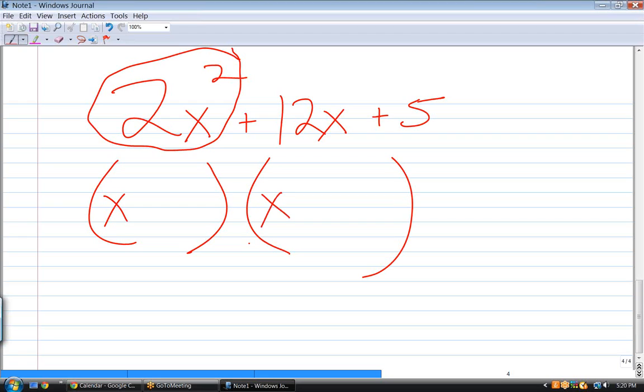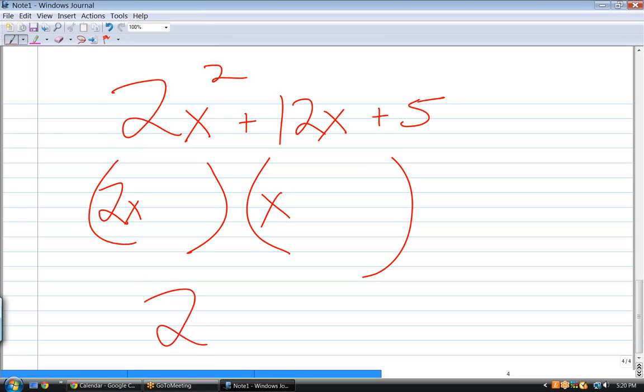Well, does that multiply together to give me 2x squared? No, it gives me 1x squared. So I need to put a 2 in front, like that. Wait, but wouldn't that get you 4? No, if I have 2x times x, that's 2x, add the exponents, 2x squared.